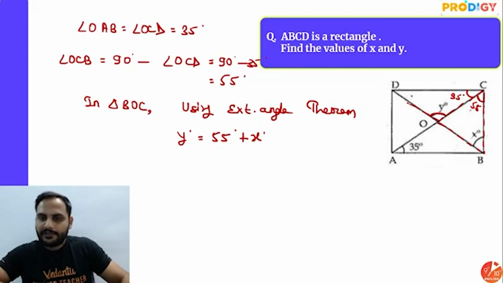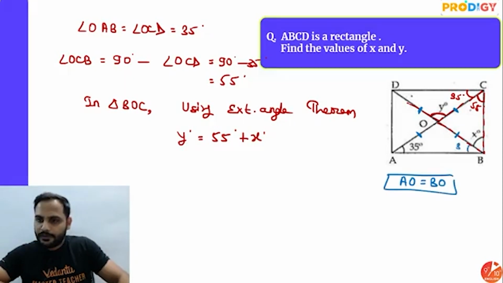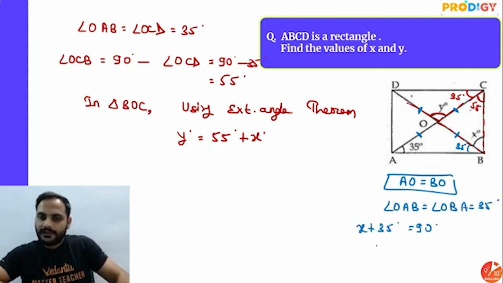Look, we know diagonals bisect each other and in the rectangle diagonals are equal, so all these points are equal. AO is equal to BO, so this is 35, this is also going to be 35. All right, so angle OAB will be equal to angle OBA, both will be equal to 35 degrees. So what will be angle x? X plus 35 is equal to 90, we'll get x is equal to 55 degrees.